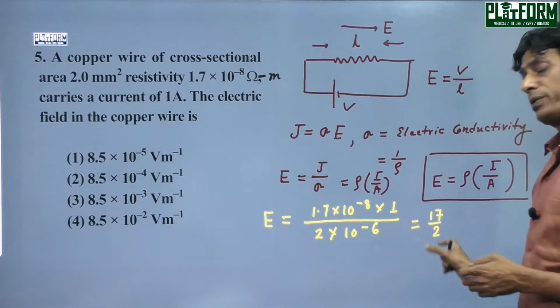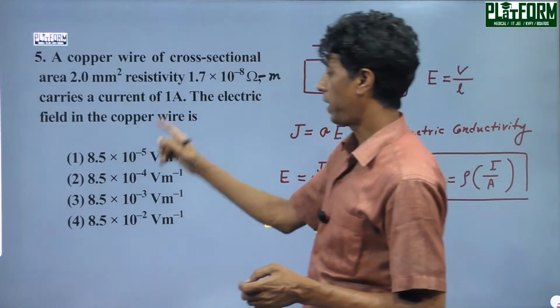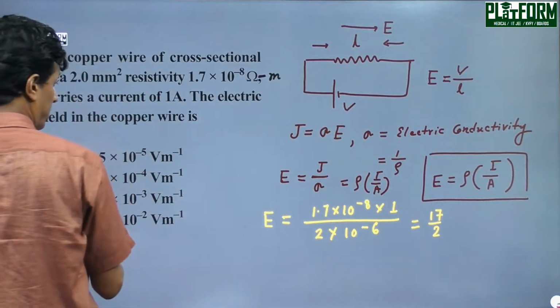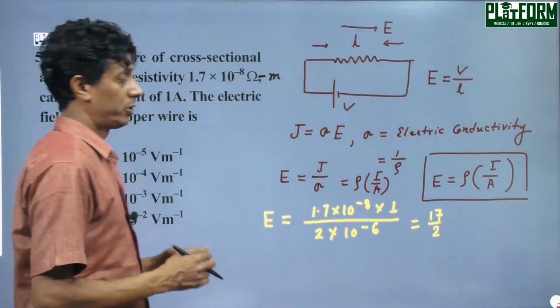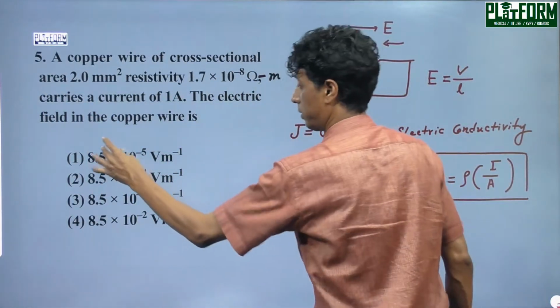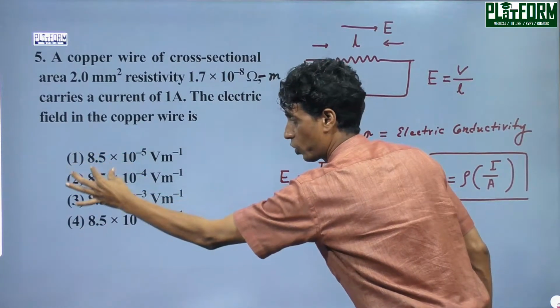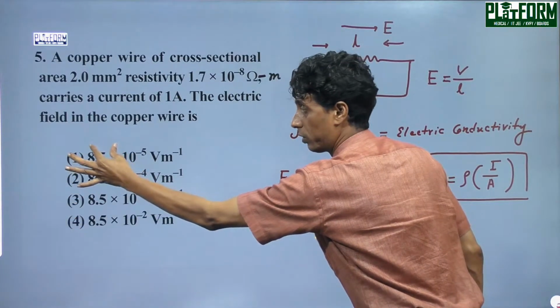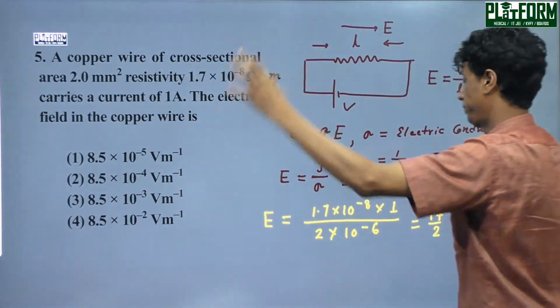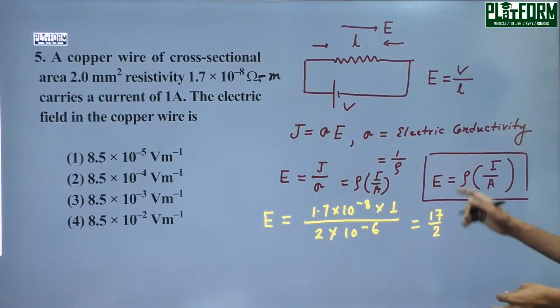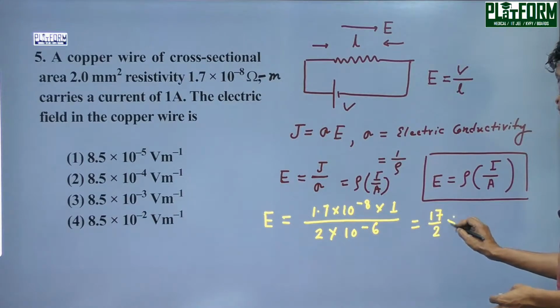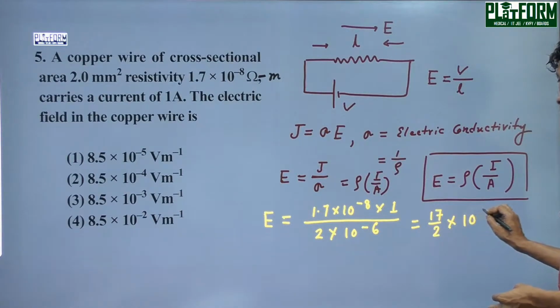I have done it, 17 by 2, and all the options have 8.5. Since the digits 8.5 are common for all options, we just have to check the power.